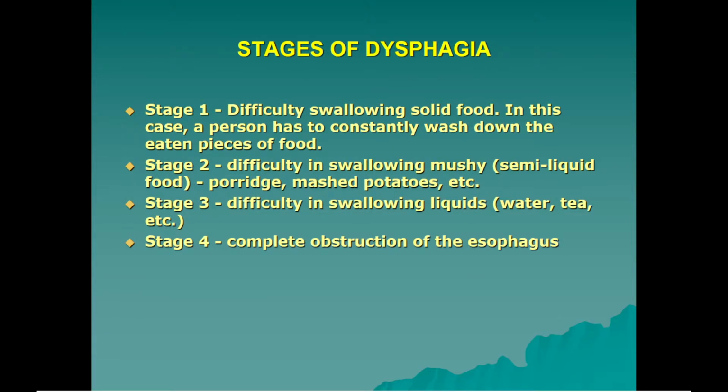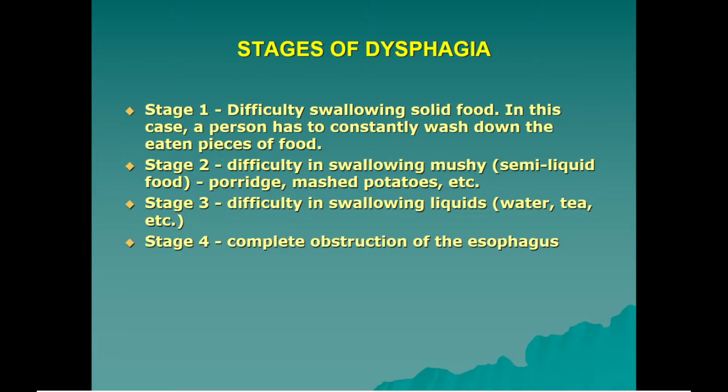Stages of dysphagia, stages 1, 2, 3, and 4. The first stage, difficulty swallowing solid food. In this case, a person has to constantly wash down the eaten pieces of food.